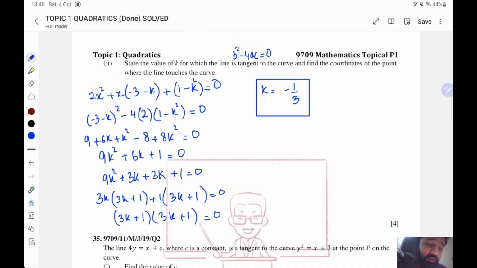Find the coordinates of the point where the line touches the curve. Now we have the value of k. We will substitute this value of k into the equation of intersection.